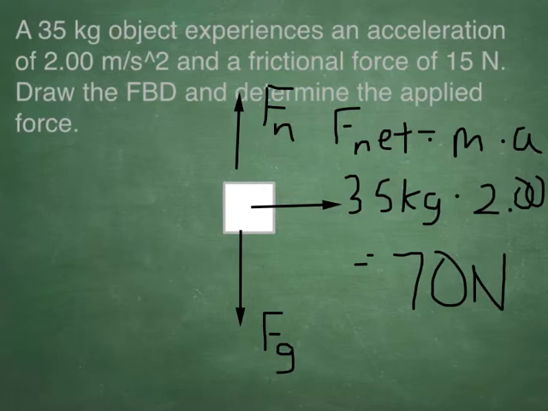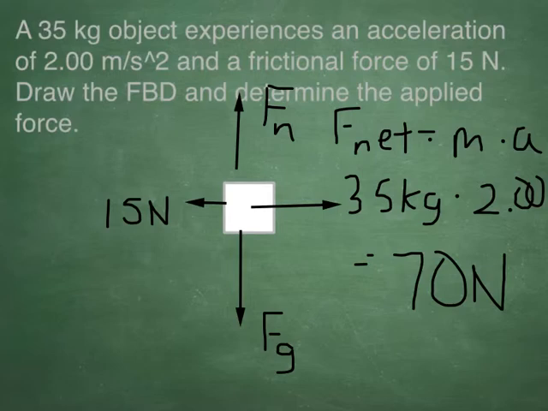Now we know there's a frictional force because it's given to us in the problem. The frictional force has a value of 15 newtons, which I'll just put to the left because we're not really told which direction it has to be. And that means that whatever this applied force is here, it's going to be giving up 15 newtons of force to friction and still producing enough net force to achieve the acceleration described in the problem.